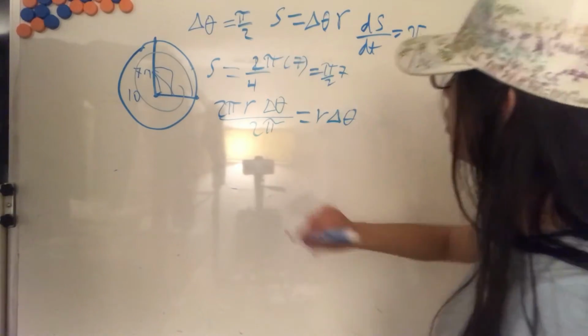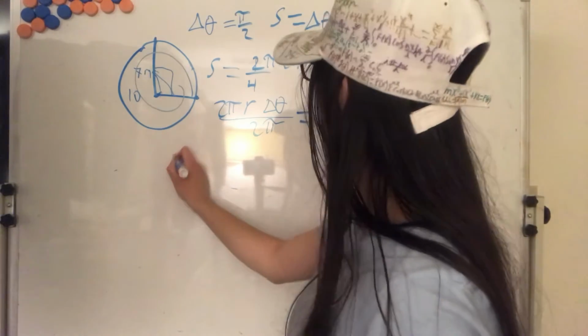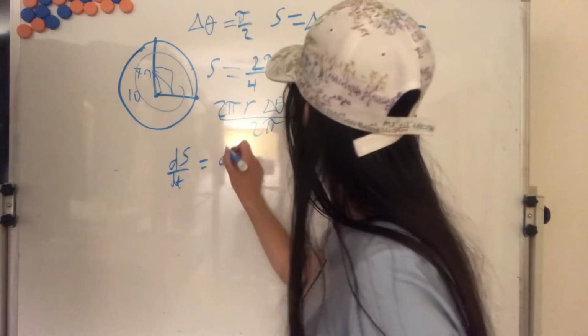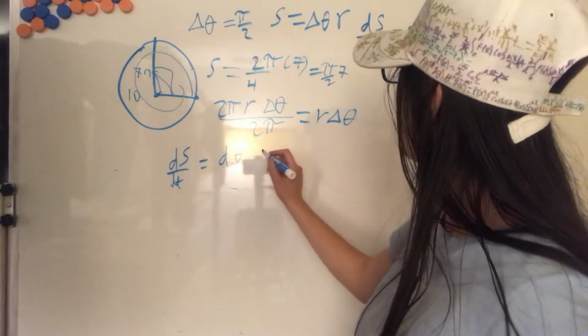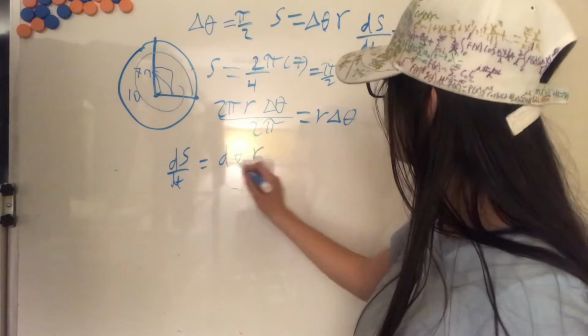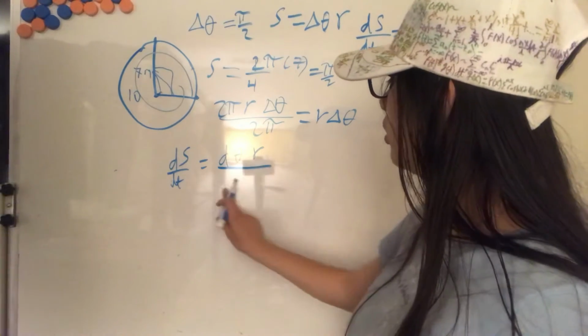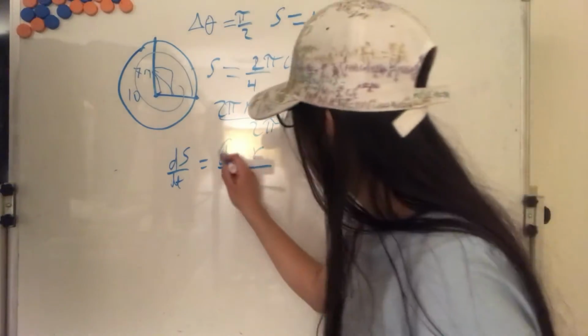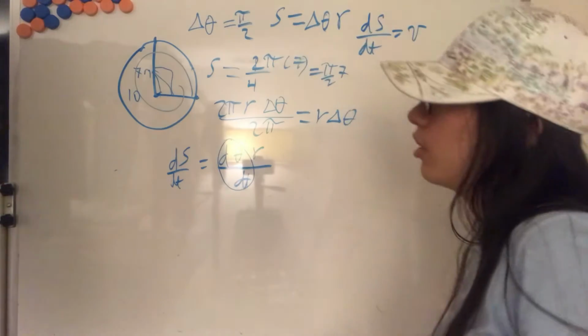What is ds on dt? This would be the same as d theta r in dt. This is what we called the angular frequency.